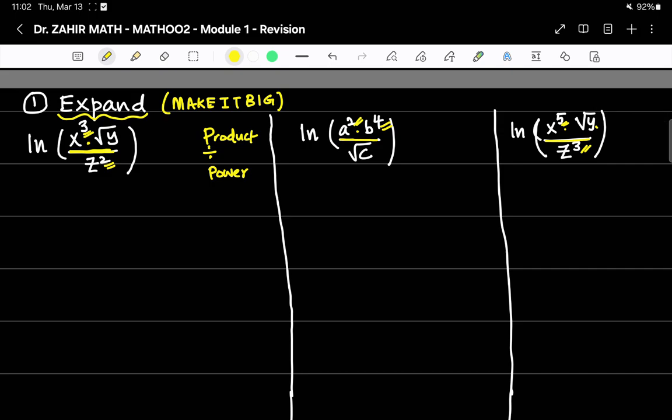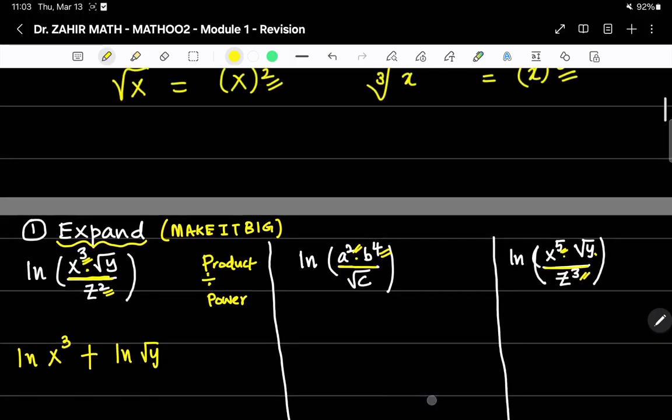I'm going to write this as ln x cube plus ln square root of y. Why am I putting plus? Because I told you, ln 2 multiplied by 3 can be written as ln 2 plus ln 3.